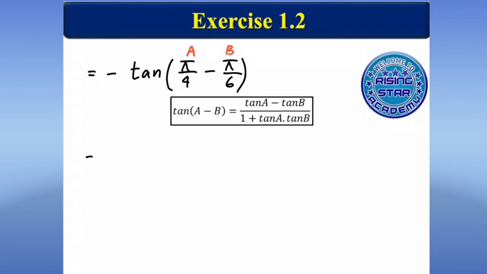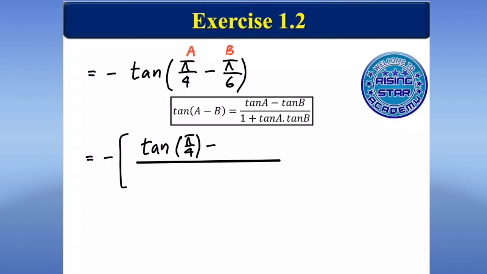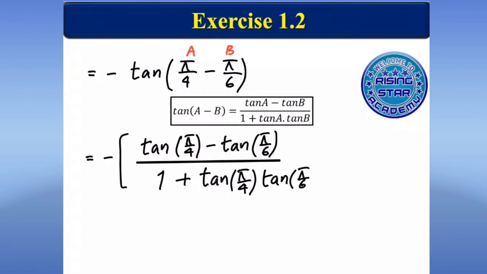Now we will write negative tan of pi by 4 minus tan of pi by 6 over 1 plus tan of pi by 4 into tan of pi by 6.